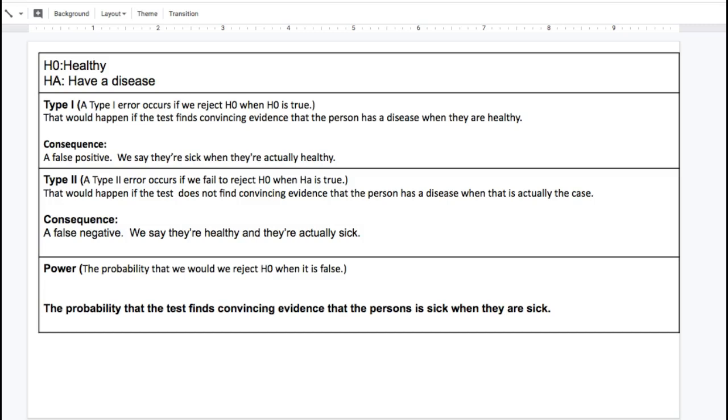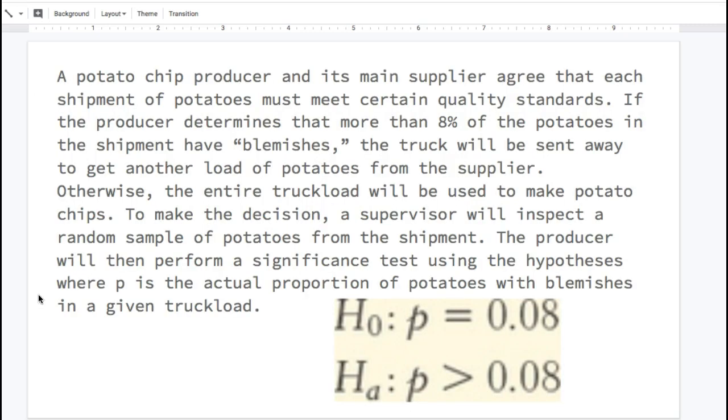For the last one, I have a little more context for you. So you have a potato chip producer, and its main supplier agrees that each shipment of the potatoes must have a certain quality. So the producer determines that if more than 8% of the potatoes in the shipment have blemishes, they're going to send the truck away to get another load of potatoes from the supplier.